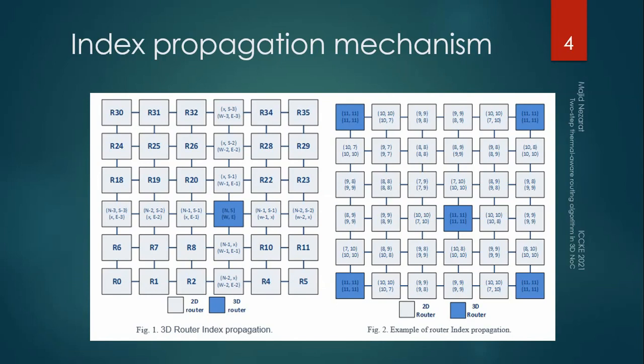How to publish these indicators is shown in picture 1, in which W is west, E is east, S is south, N is north, and X calculates the amount of its index from other routers. The least amount of index is determined by dimensions and it has to be able to cover these indicators. As you see in picture 2, in this routing algorithm, the value of index is considered to be 11.